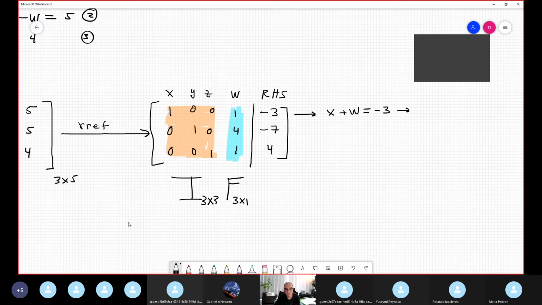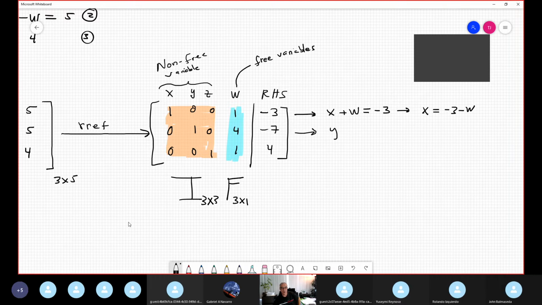Therefore X is equal -3 minus W. So you isolate the non-free variable, because it's obvious that the only free variable is W. The second is Y plus 4W equal -7.